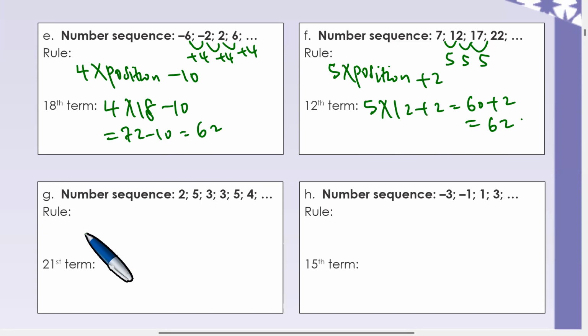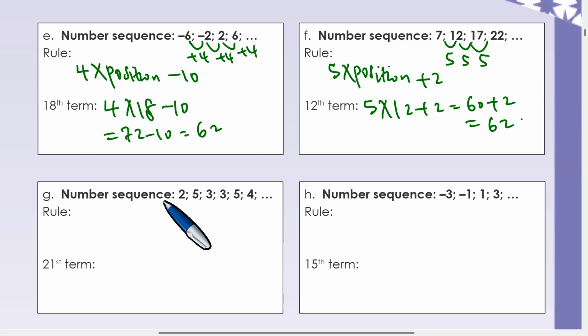Yes, sir. What is the rule in G? First and foremost, what are we adding or subtracting here in G? Are we adding 2? That's the question, because 2 becomes 5.